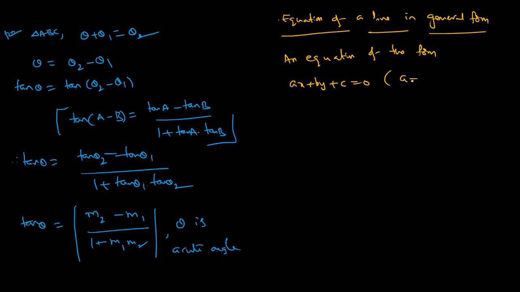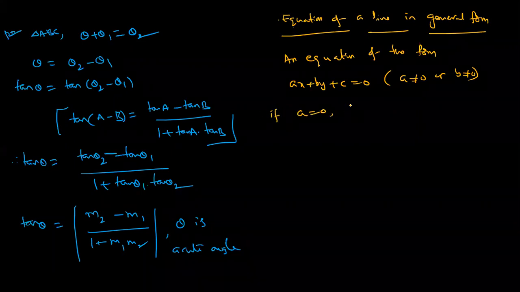What does it mean here? A must not be equal to 0 or b must not be equal to 0, meaning a and b are not simultaneously equal to 0. That's the meaning.